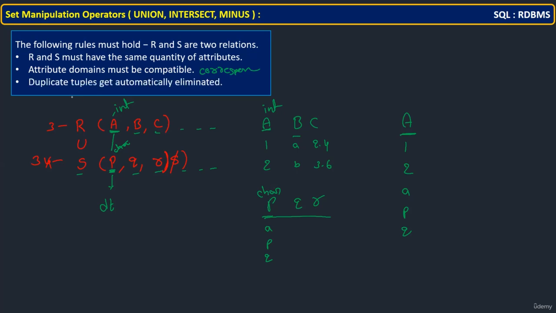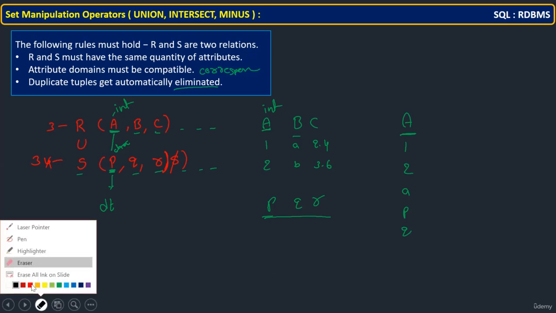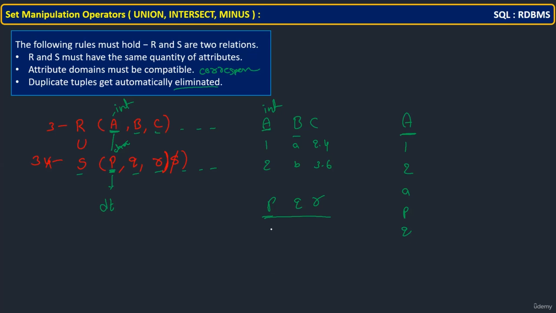Another rule is that duplicate tuples get automatically eliminated. Of course, this is fine. For example, assume both the domains are the same, so this is compatible. Here we have data 2, b, 3.6, that means integer, char, and float. Correspondingly, P and Q are also the same domains.